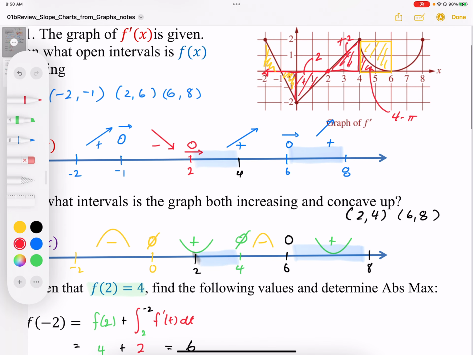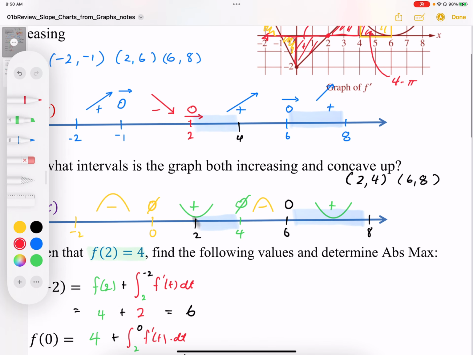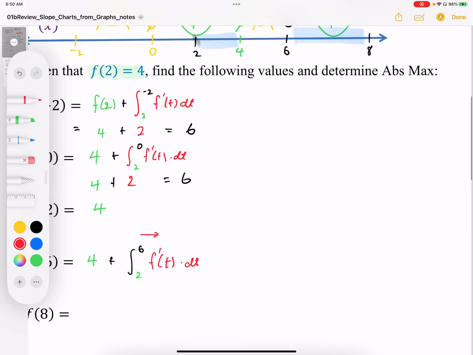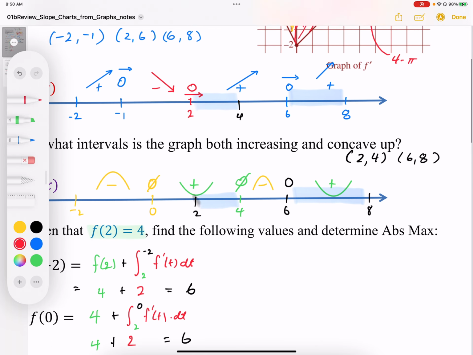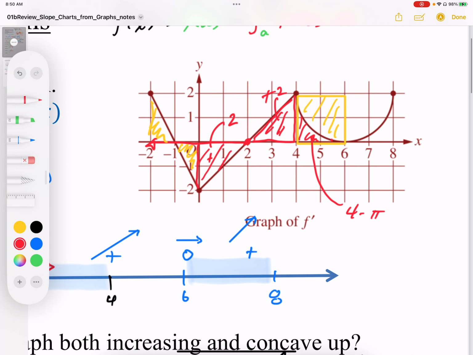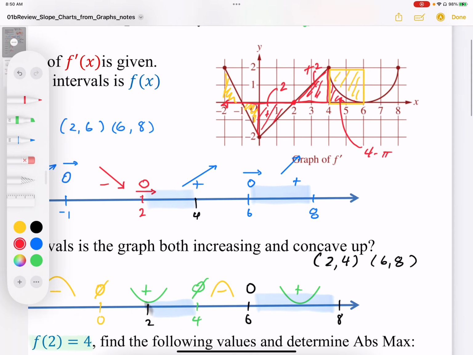So this is equal to 4 plus the area from 2 to 6, which is going to be 2 plus 4 minus pi, which is 6 minus pi. So again, there's my 2 and there's my 4 minus pi, that little area underneath that circle.